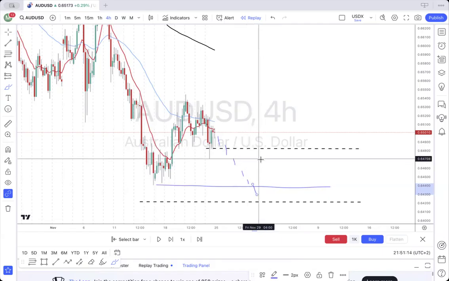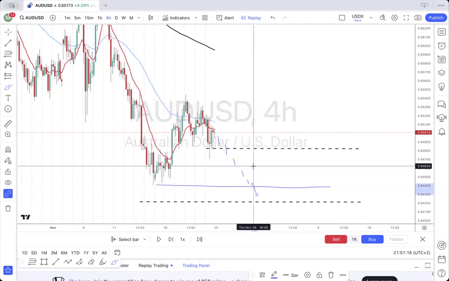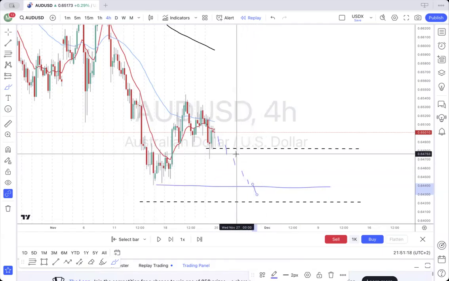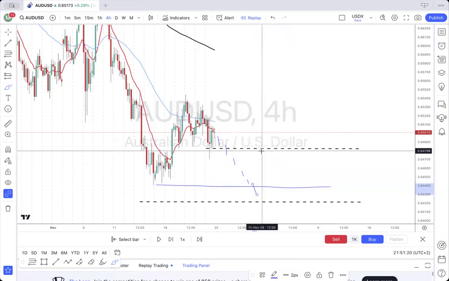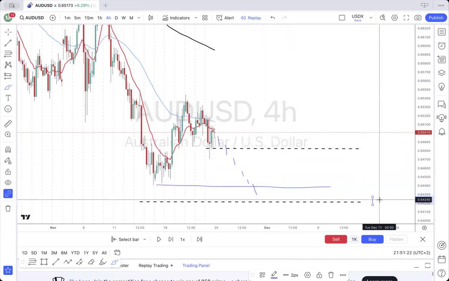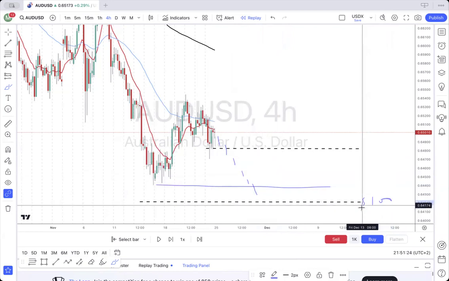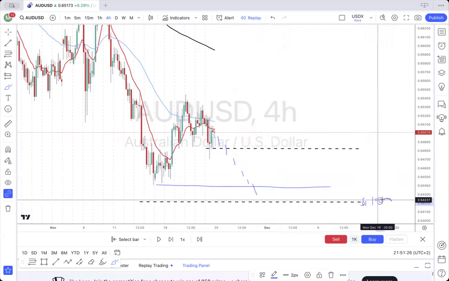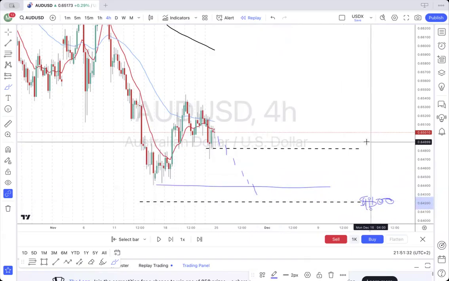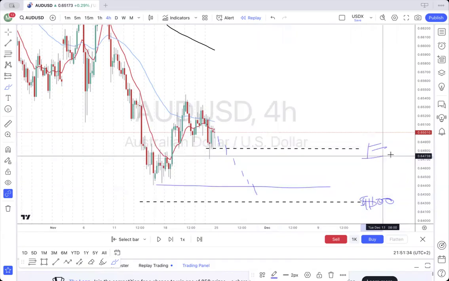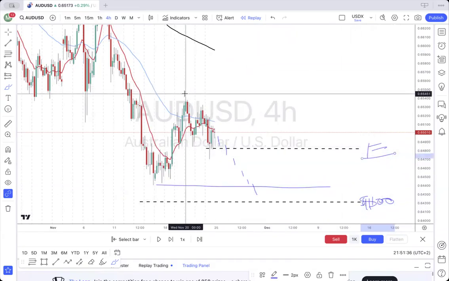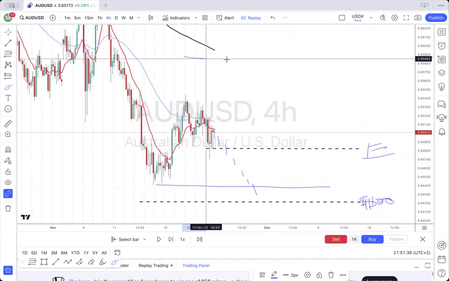I don't put stop losses close to my entry, no matter how much. I would rather have my stop loss at $100 here. Don't be scared about that. This is how I do it. I'd rather have my $100 stop loss there, my entry there, and let's assume my target is here.